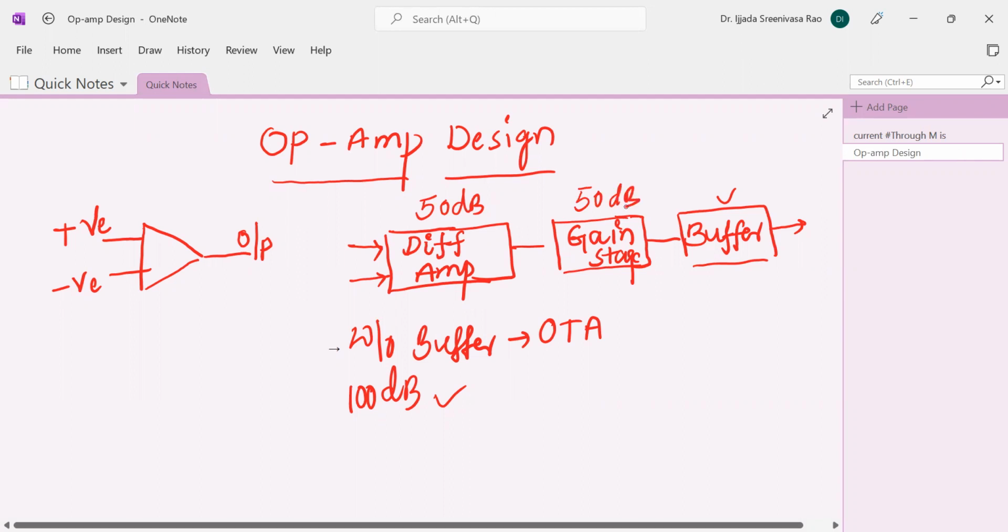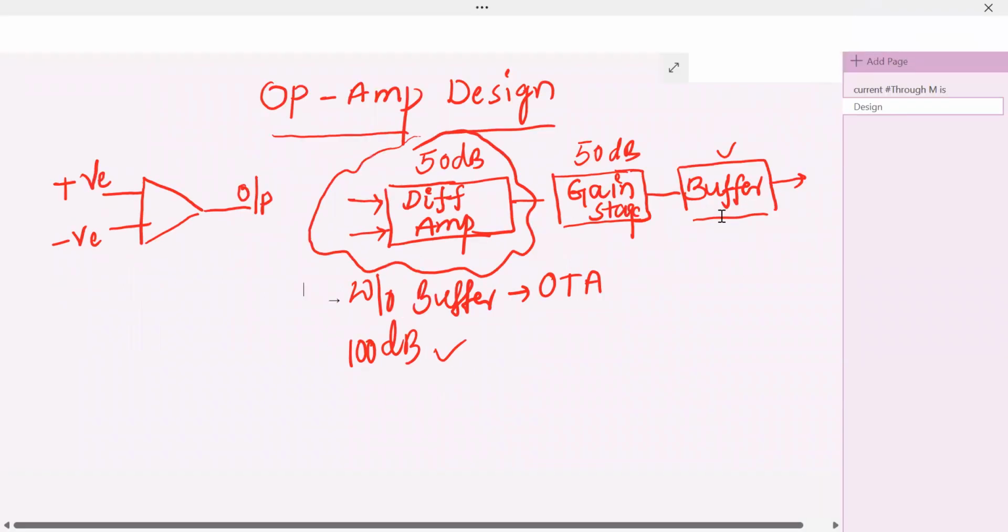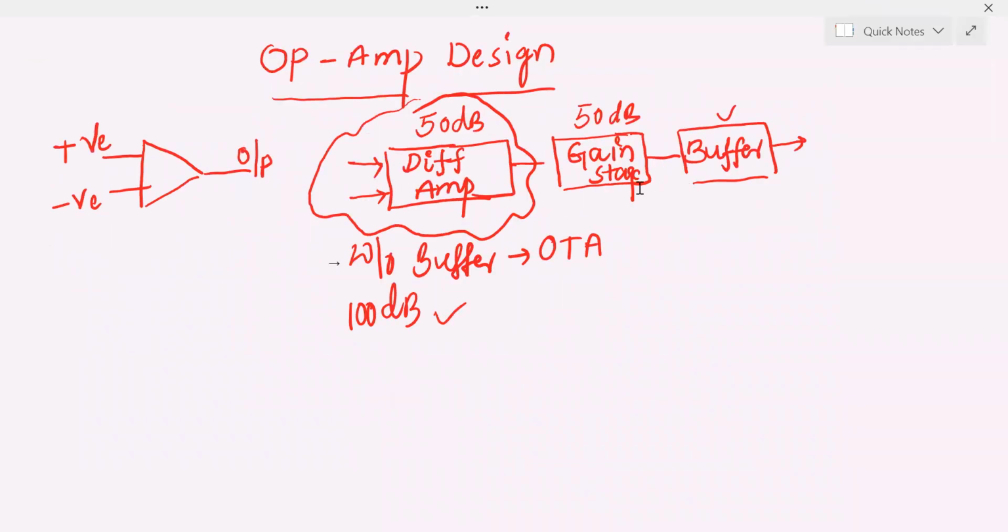So first of all, I will discuss differential amplifier design. Later we'll go to the other designs. So how to design the differential amplifier?